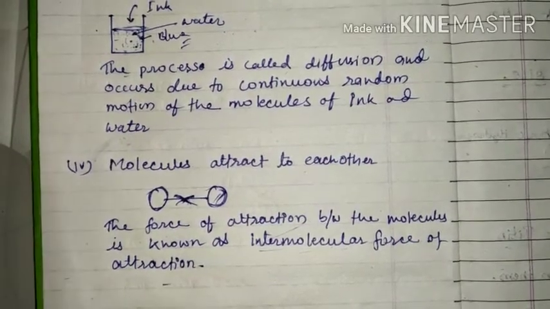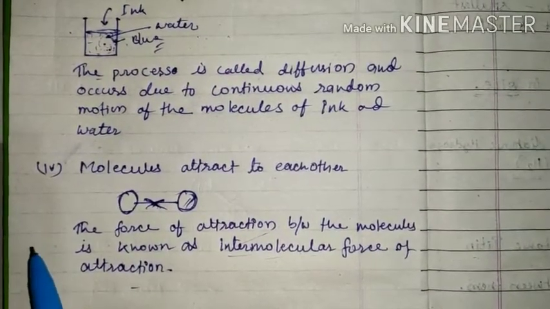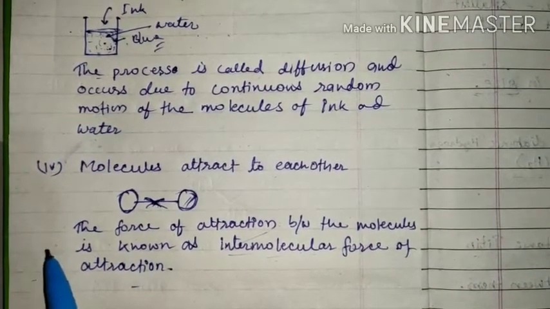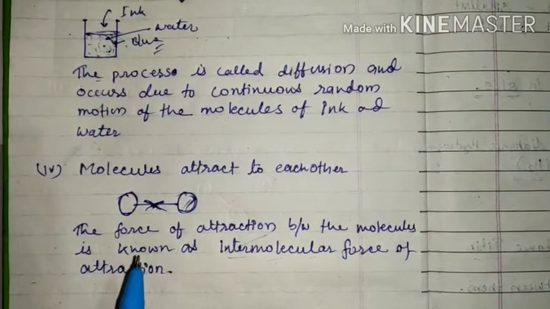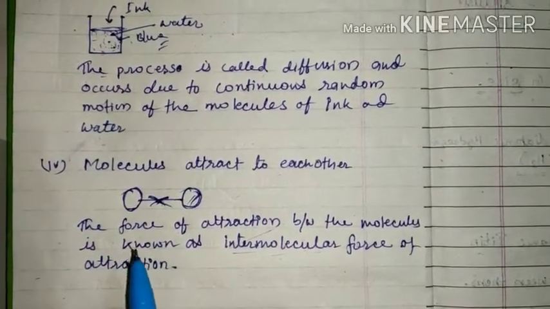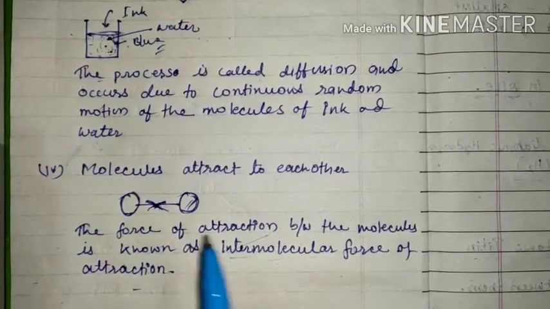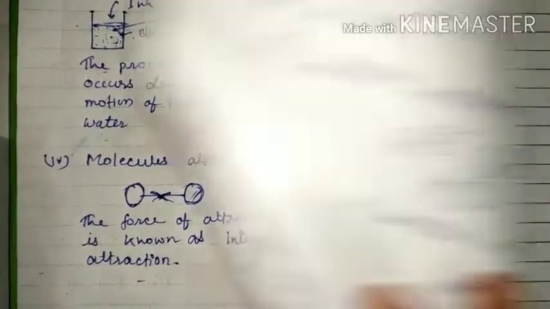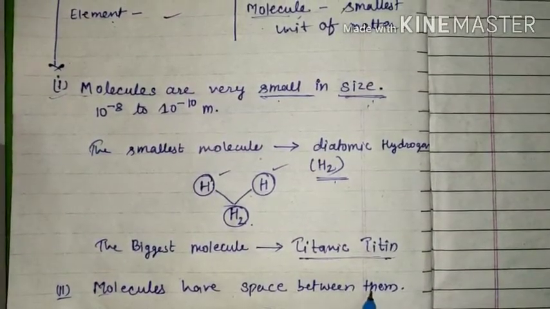Now these are the four different properties or characteristics of molecules. Let us repeat again. First, the size of molecules is very small. Number two, molecules have space between them.